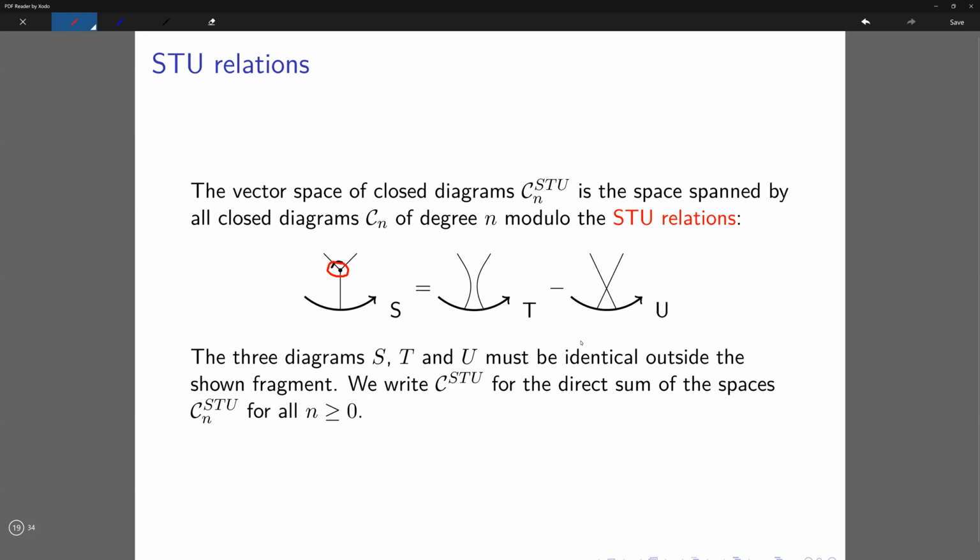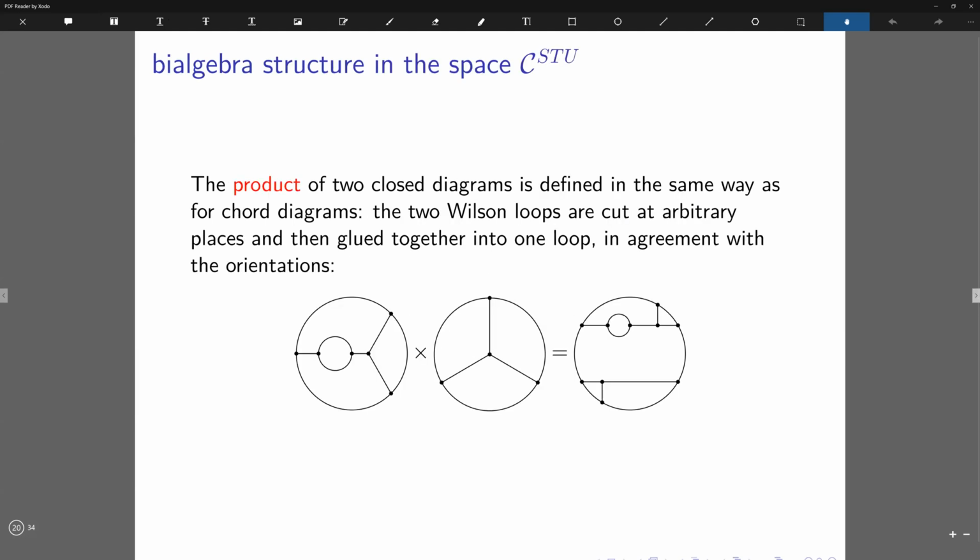And there, I'm going to show you that there is also a bialgebra structure for the space of closed diagrams mod the STU relation.